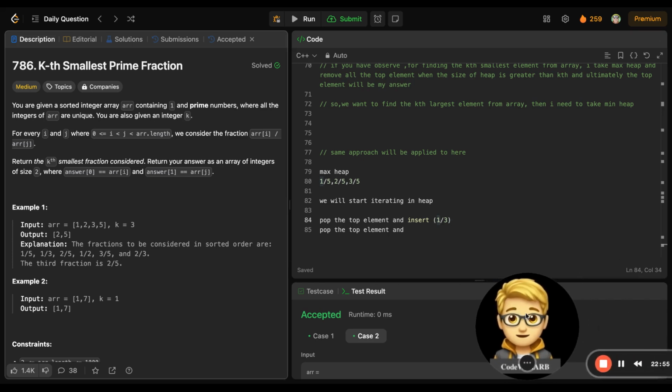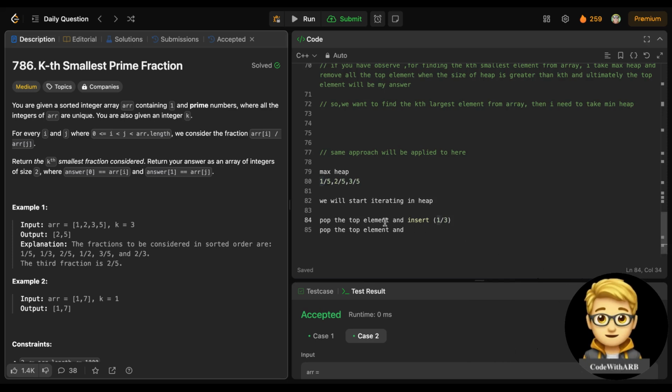I also need to insert by decrementing this 5 to 3, so I need to insert 3 by 3. But this 3 by 3 has the same indexes, which is not allowed in my answer. So I need to check that the second index and the first index of the fraction should not be the same. So we will not insert this; we will insert 2 by 3, and then we can insert 1 by 3, right?